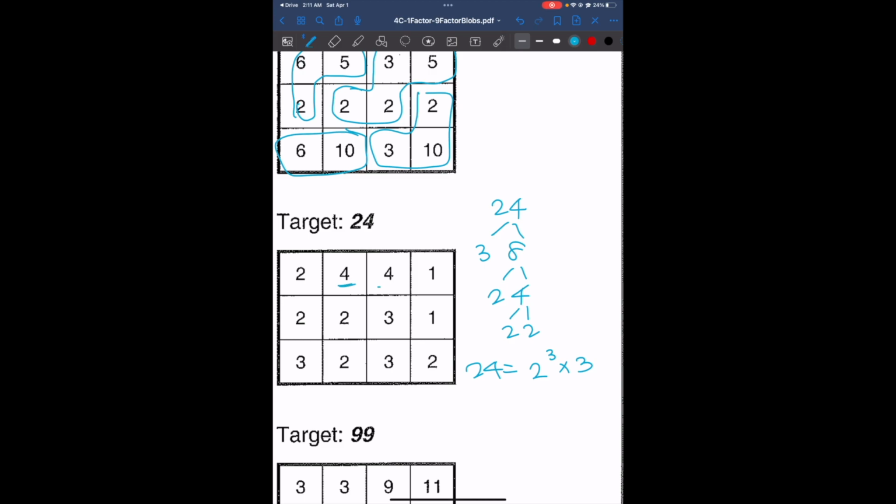And the 4 here, each 4 is basically 2 times 2, so it's 2 to the power of 2. And so considering that, we're going to group these into one blob.